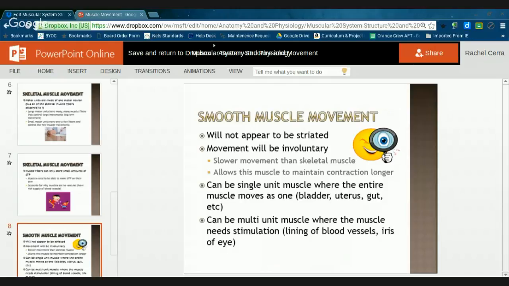When there's not a lot of light, that muscle relaxes and the pupil dilates, so your pupil's larger to allow more light in since it's dark. Your blood vessels oftentimes need stimulation to contract, usually by temperature or something like that.